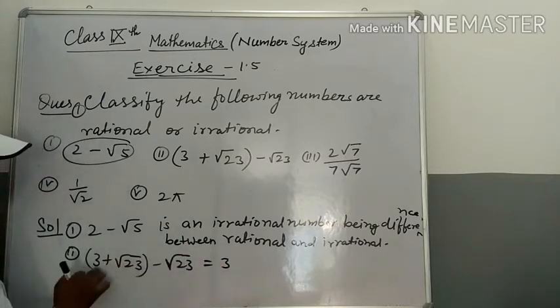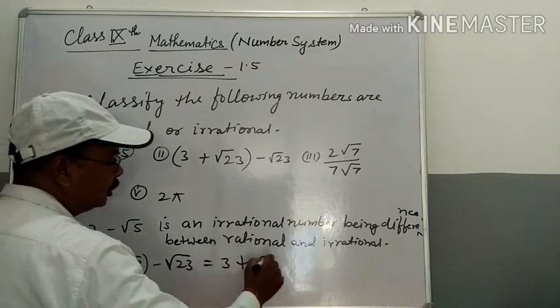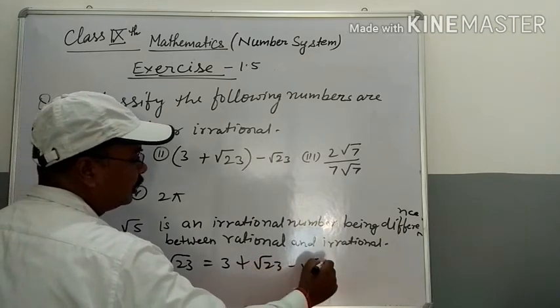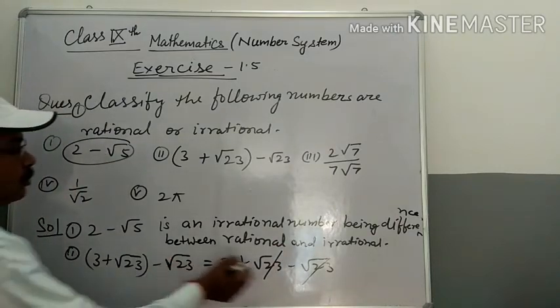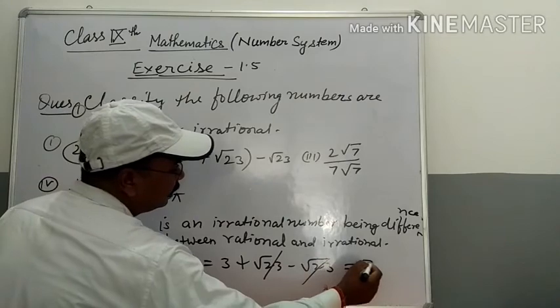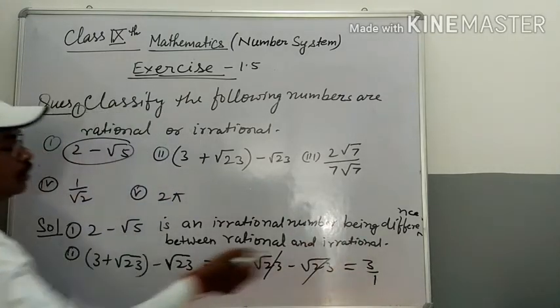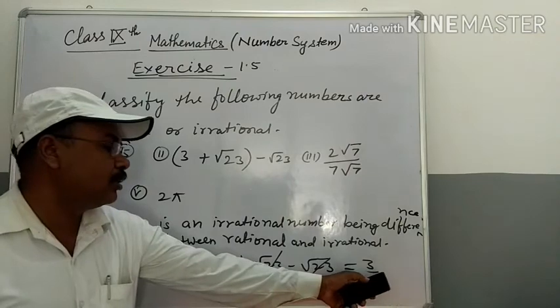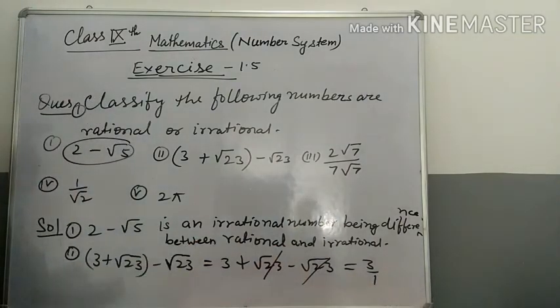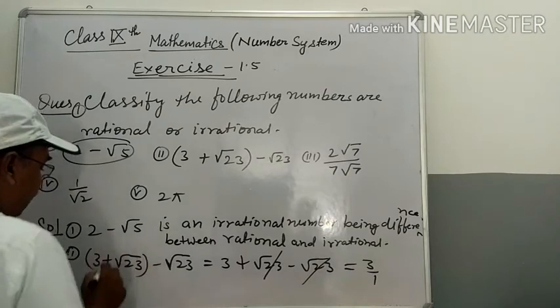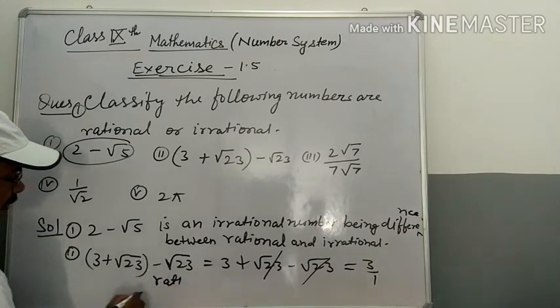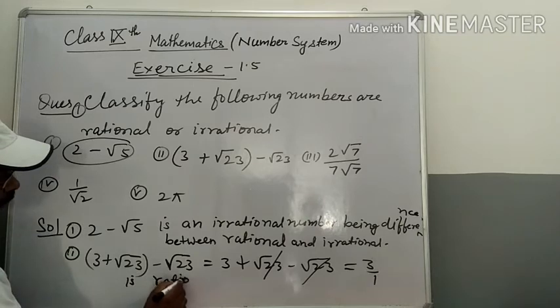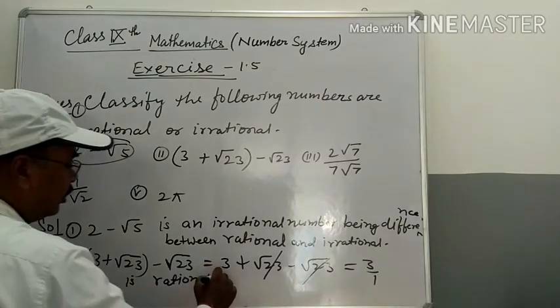After removing the bracket, 3 plus under root 23 minus under root 23, the irrational parts, plus and minus, will be cancelled, and this is only 3. This is an integer, a natural number, in the form of P upon Q. It means this is a rational number.